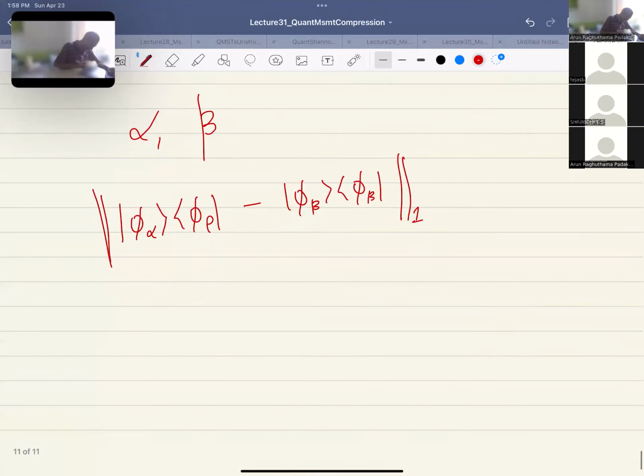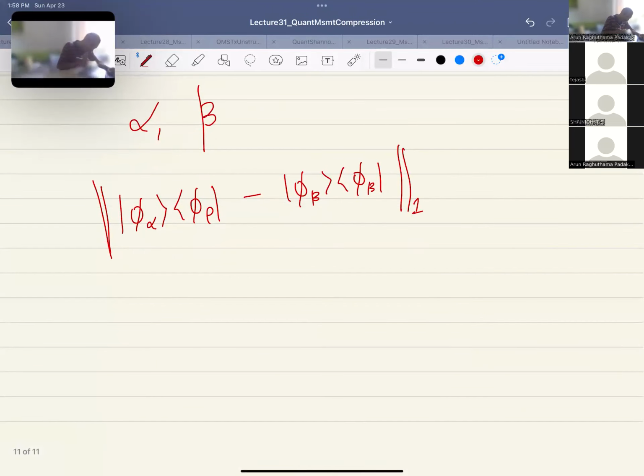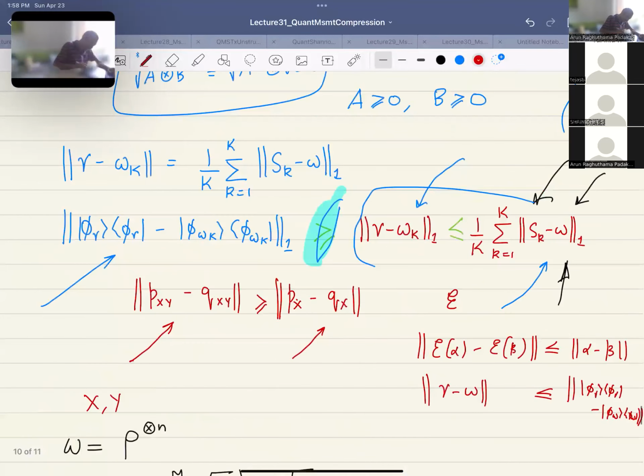So you can choose your purifications such that the following holds.